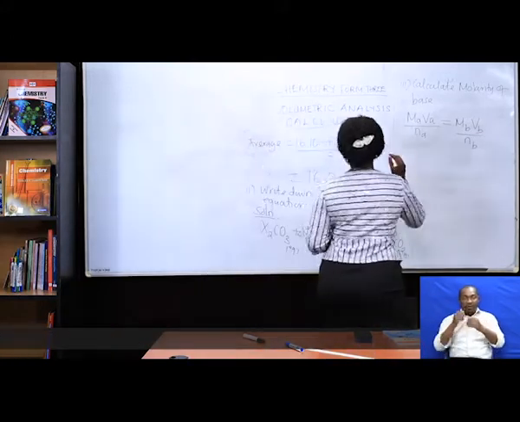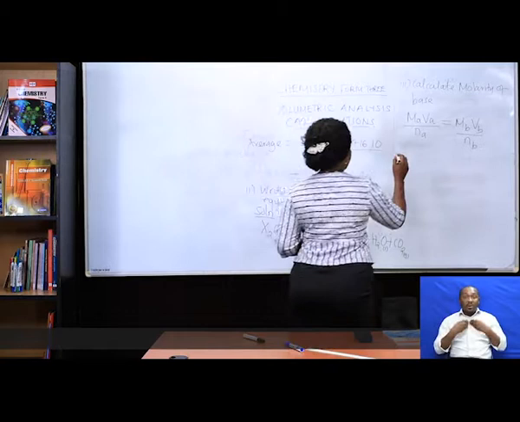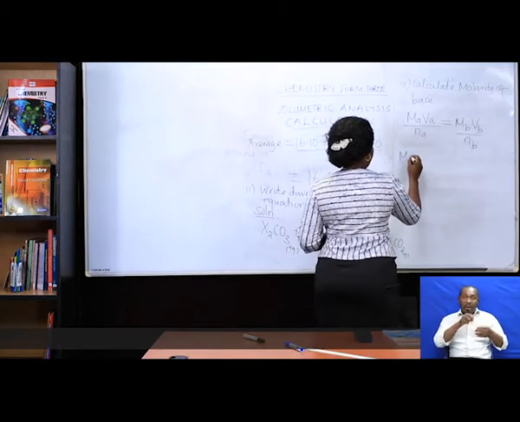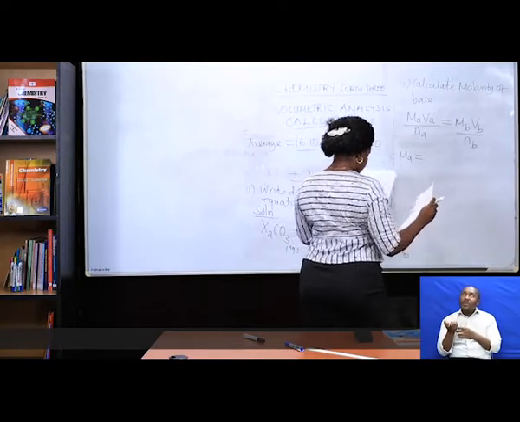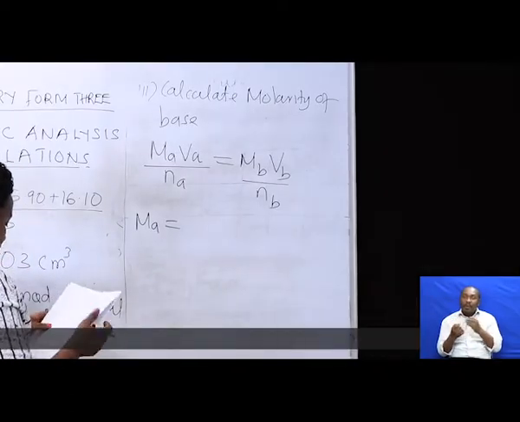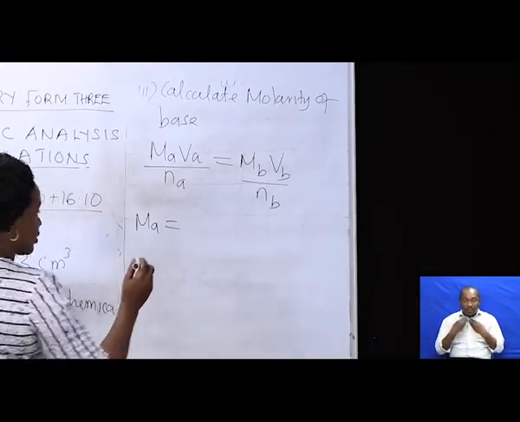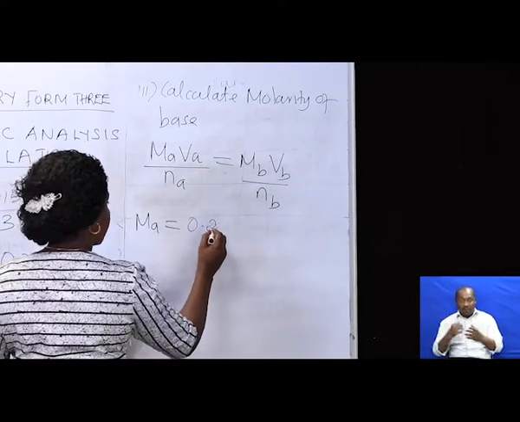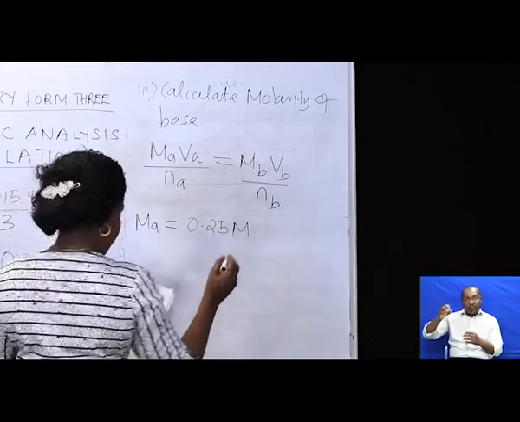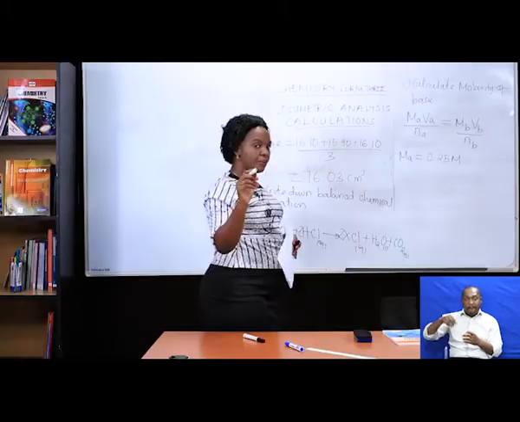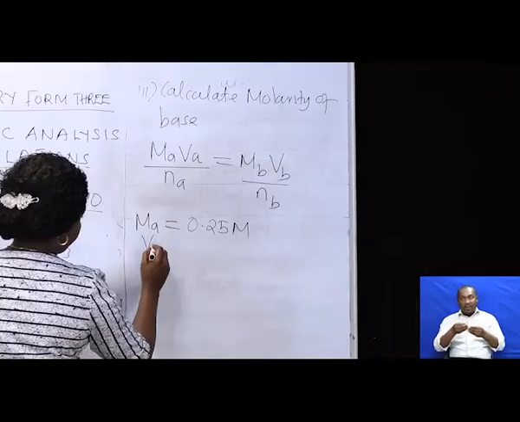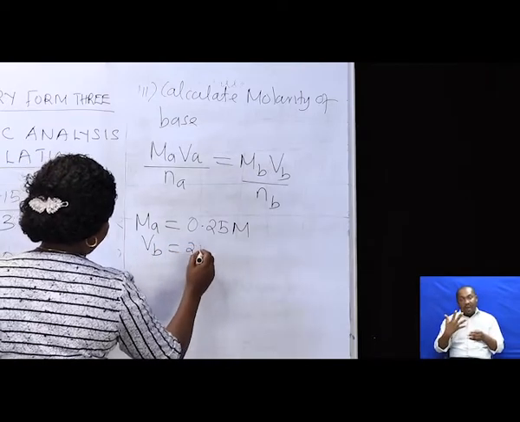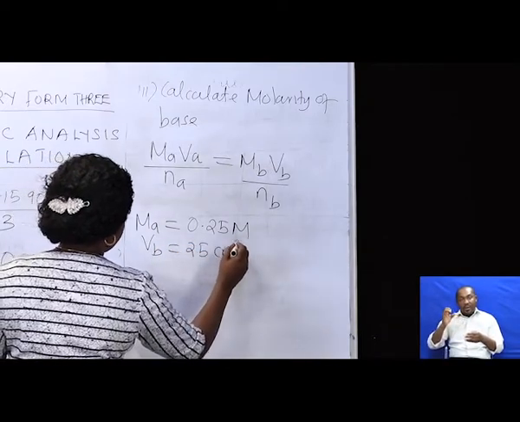So it was given from the question that molarity of acid was 0.25 M. And the volume of base, they took only 25 cubic centimeters.